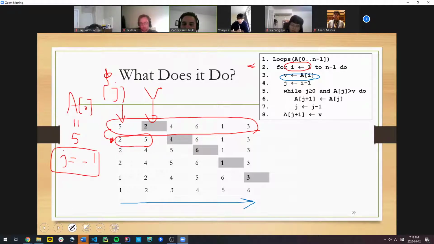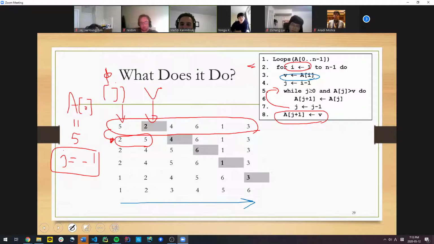And the next time that we come back to here, because J is negative, we're going to come out of the while loop, right? And then we're going to reevaluate V, right? And V was 2. I believe that V was 2.